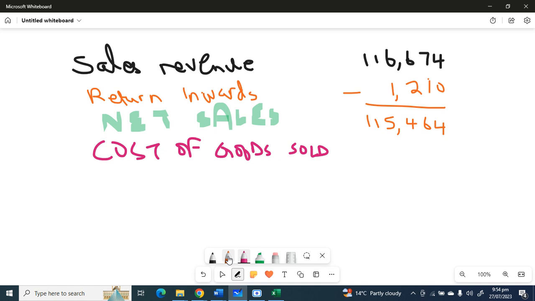And after opening inventory, that's when you bring in your purchases. So put in purchases. What was our figure for purchases? 138,900.